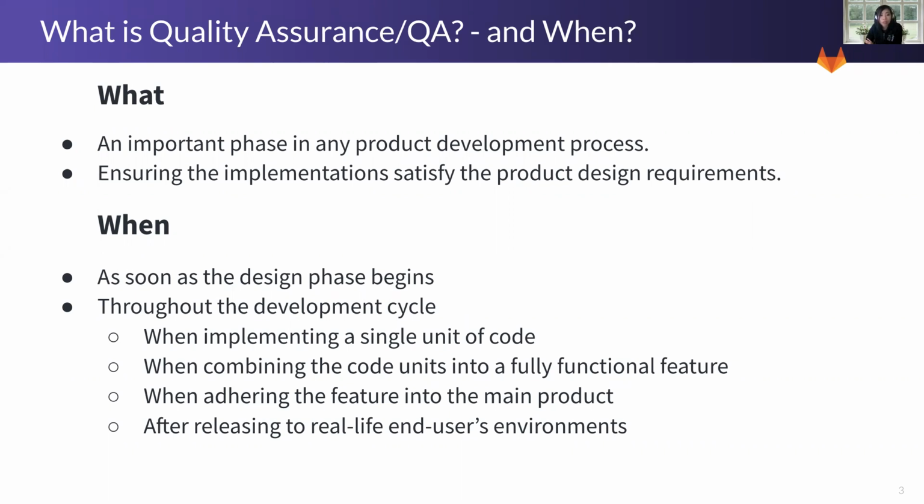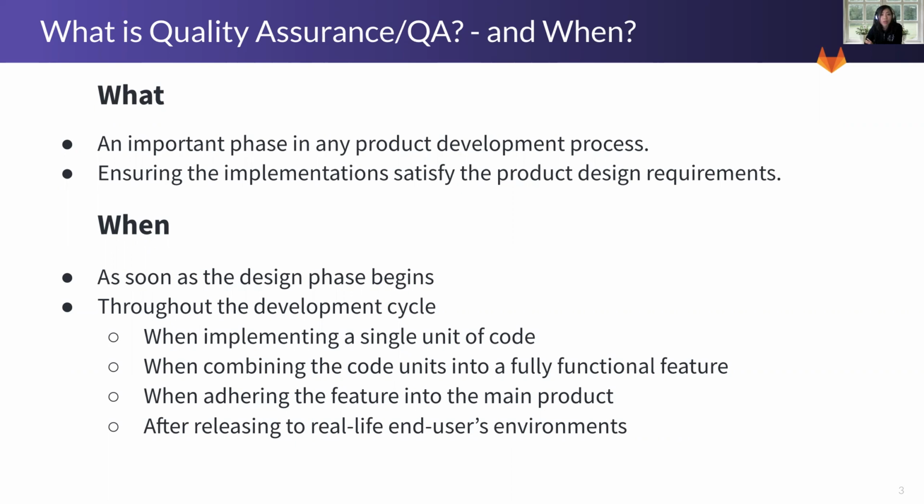Well, I think we should start testing as soon as the design phase has begun, and keep testing throughout the entire development life cycle. We will start testing when we have the very first unit of code implemented.